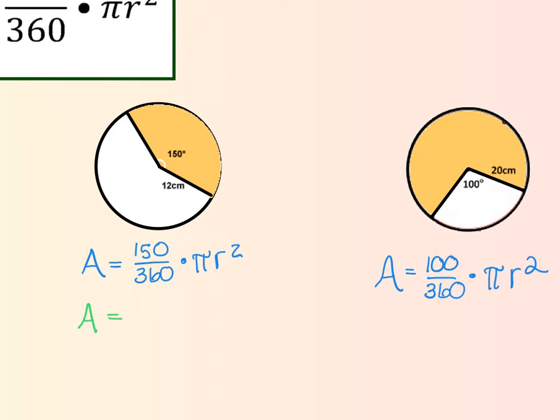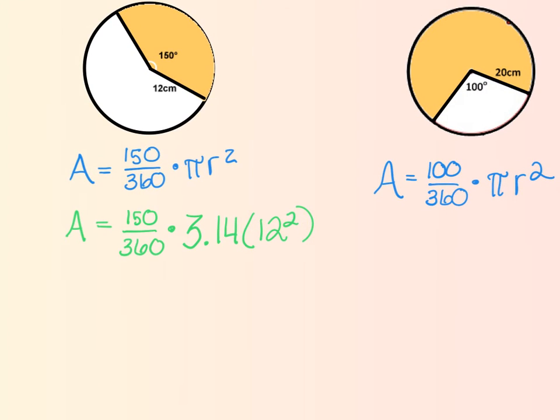So now we're going to keep this 150 out of 360. The reason I don't want to solve for that first this time is I noticed it was a repeating decimal, and I don't want to mess up my answer. I'm going to round at the end, but not right now. So I have 3.14 times 12 squared.